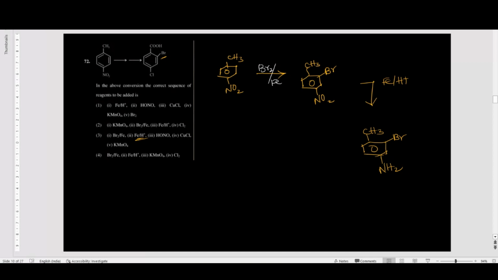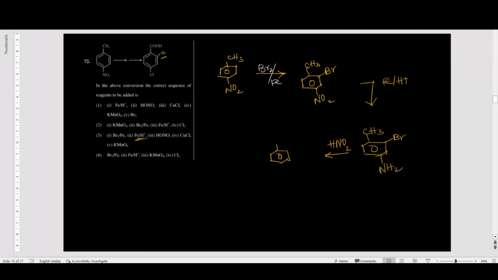That's why we are trying to convert this into NH2, and then we can treat with this HNO2, and it will convert to diazonium chloride, and then we can replace that with chlorine very easily, right? So yeah, now let's take this HNO2 reagent, or you can take NaNO2 plus HCl also.